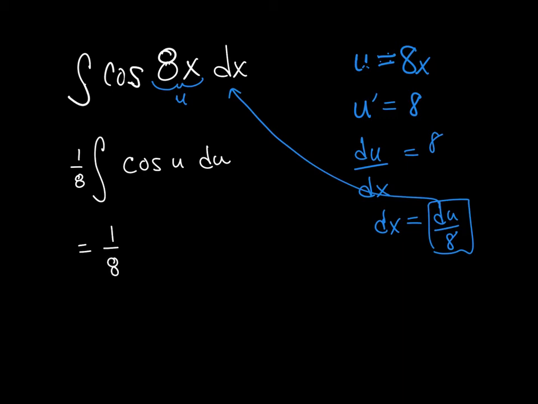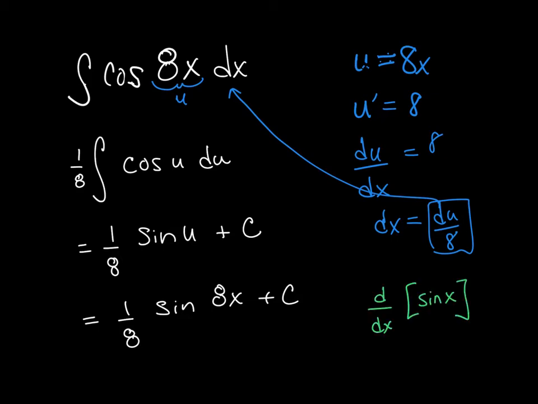The integral of the cosine of u is just the sine of u plus a constant, so it's equal to 1/8 times the sine of 8x plus my constant. Now, just remember, always make sure you have your constant of integration in there, and your u comes back up into whatever we initially set it equal to before.